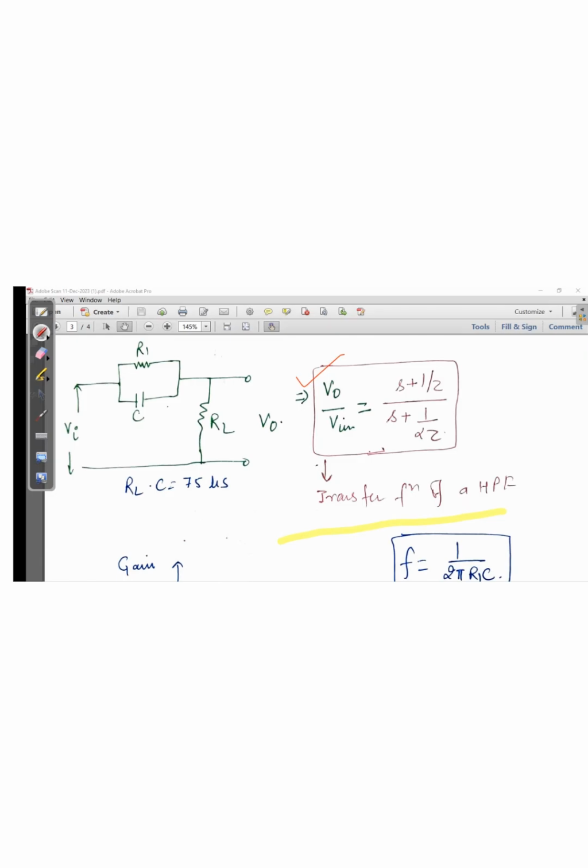The cutoff frequency for this filter is 1 by 2 pi R1C. Here it is R1.